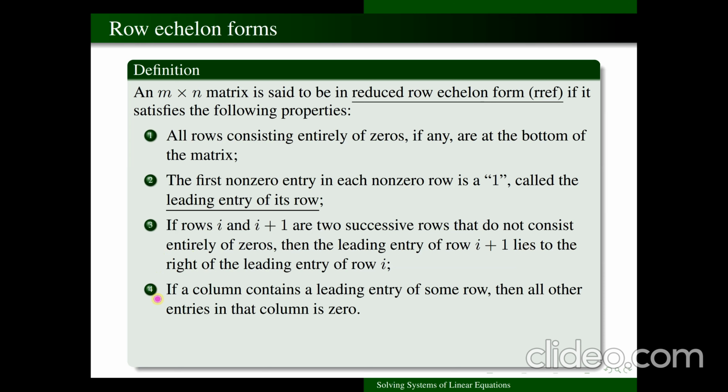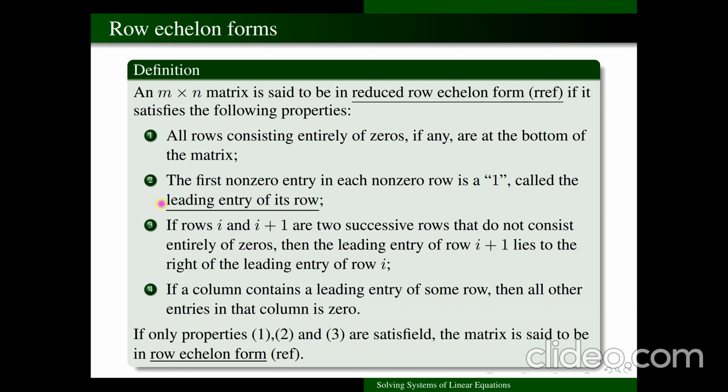And finally, if a column contains a leading entry of some row, then all other entries in that column are 0. In this definition, if only properties 1, 2, and 3 are satisfied, then the matrix is said to be in row echelon form, or REF.